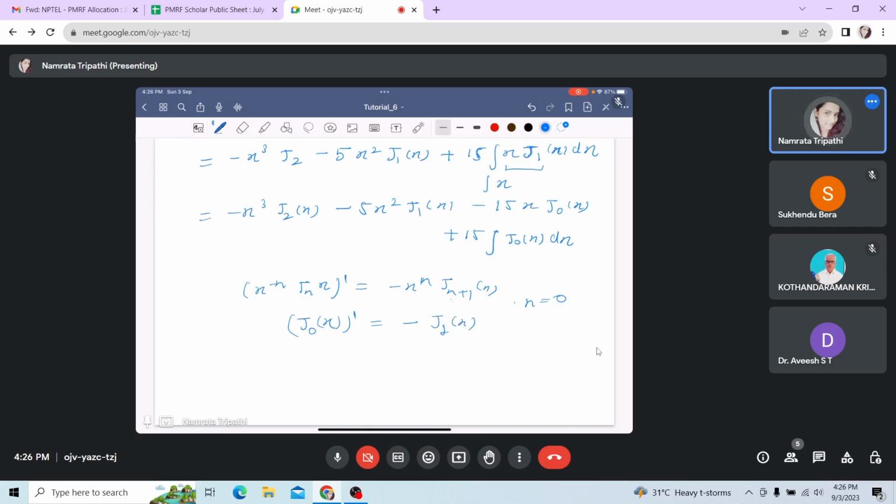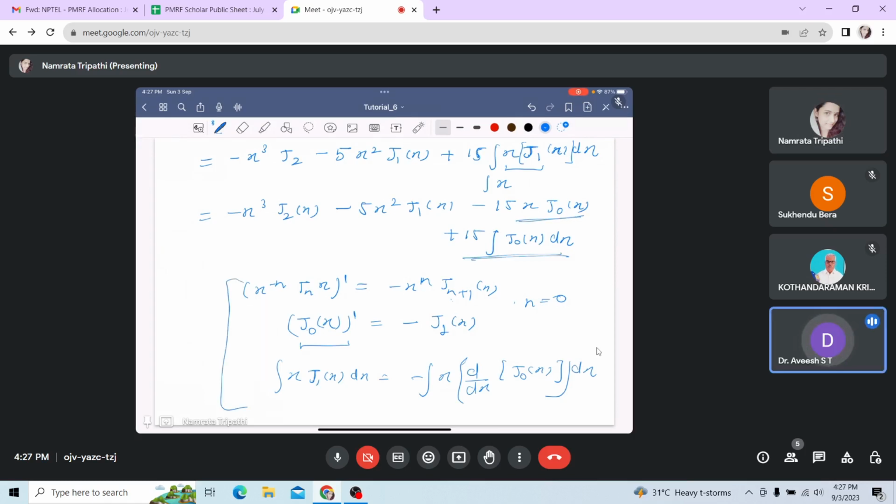So you have to substitute this with this expression. And again you have to integrate by parts. After integrating by parts, you will get this expression. Is it okay now?